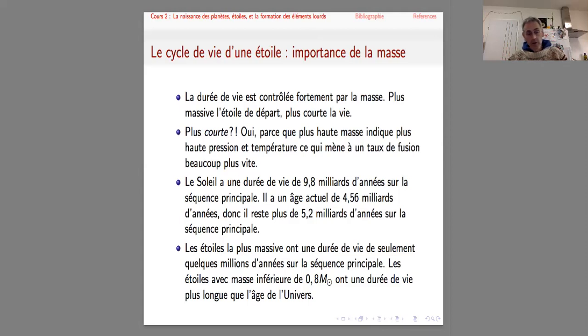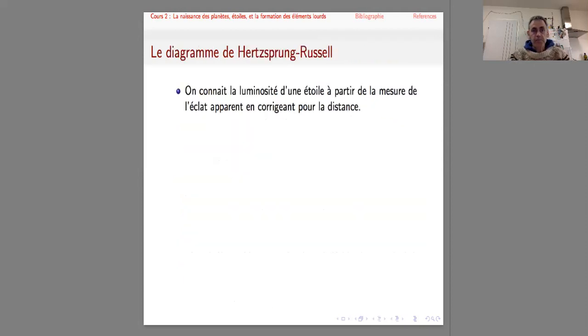On the other end of the spectrum, the stars with a mass just less than 80% of the solar mass will have a lifespan longer than the age of the entire universe.